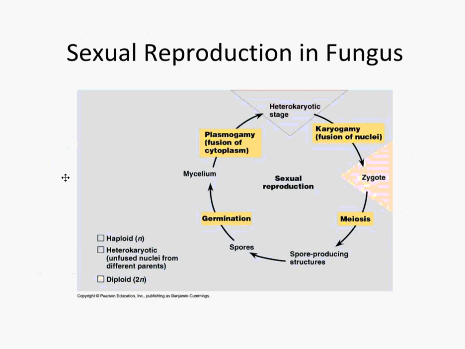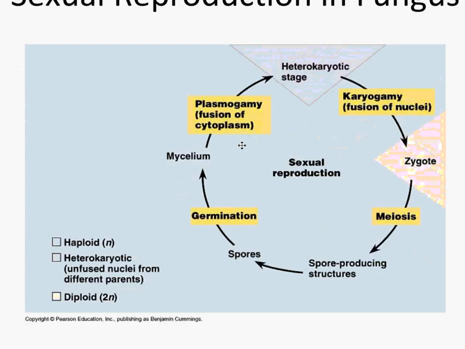So when we talk about fungi, the majority of their life cycle is spent in the haploid state as asexual organisms. They have a haploid state that is reproducing quickly. They are considered either positive or negative as a haploid organism.